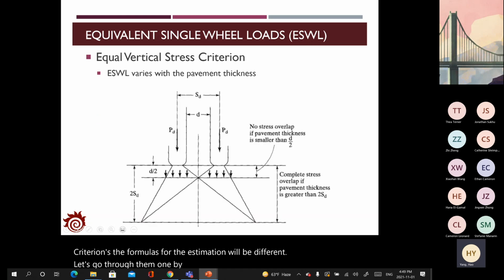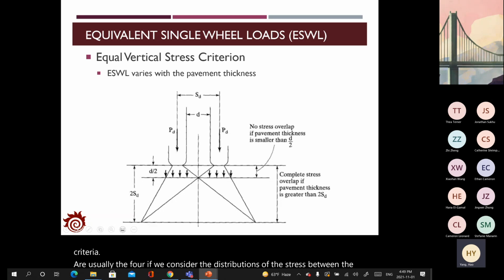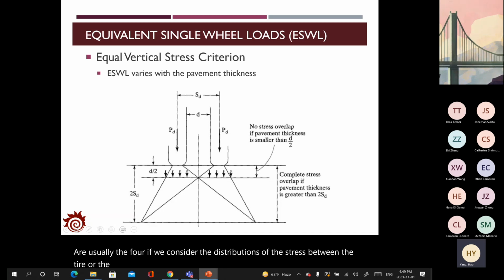First, let's consider the equal vertical stress criteria. Usually if we consider the distribution of the stress between the tires, the load will change with respect to the pavement thickness.